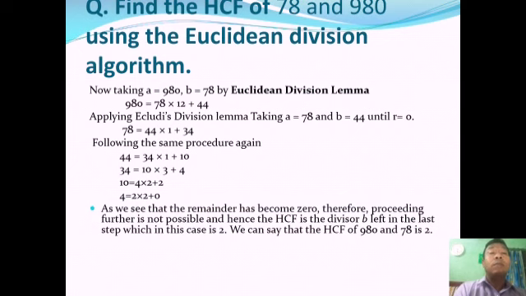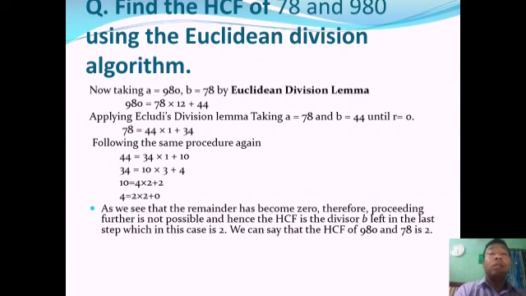Here the remainder 44 is not equal to 0. We will proceed until we get the remainder equal to 0. Taking 78 as A and 44 as B, we have 78 equal to 44 into 1 plus 34. Following the same procedure again, we have 44 equal to 34 into 1 plus 10.